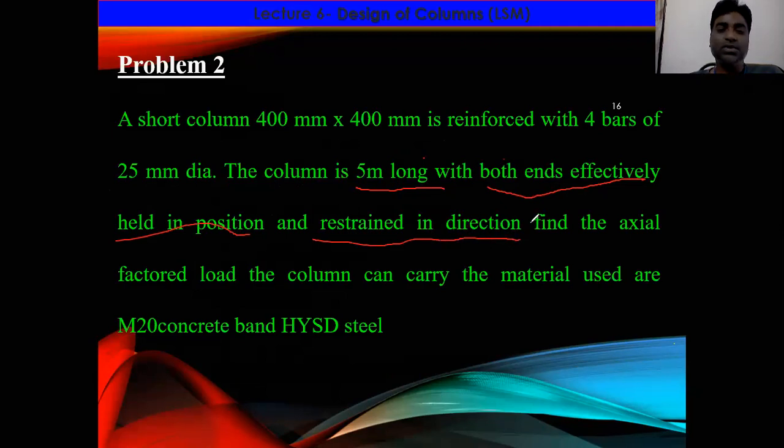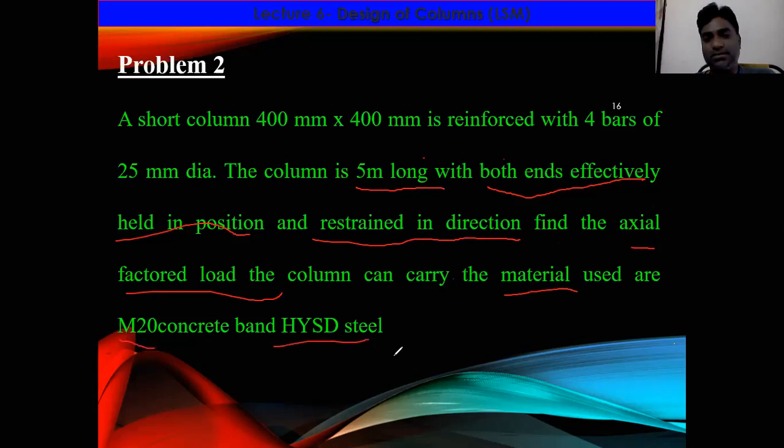That means both ends are held in position as well as restrained in direction. So find the axial factored load the column can carry. The materials used are M20 grade concrete and HYSD bars, right?